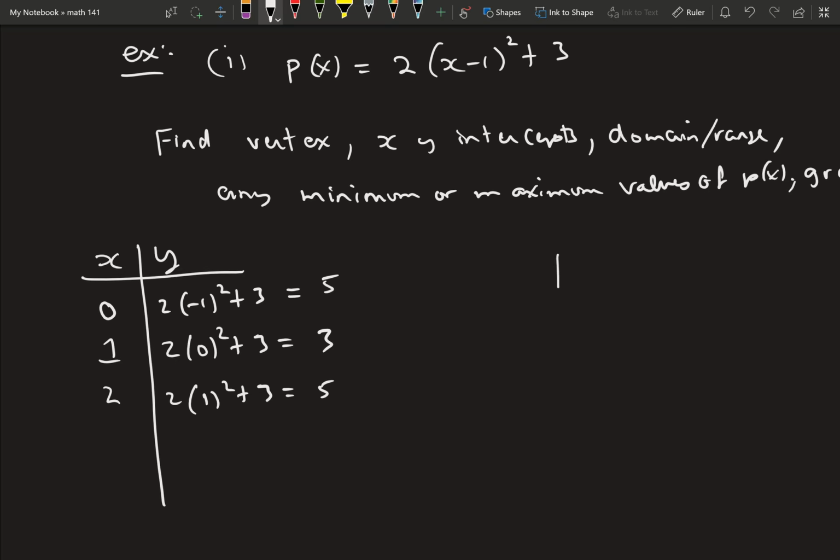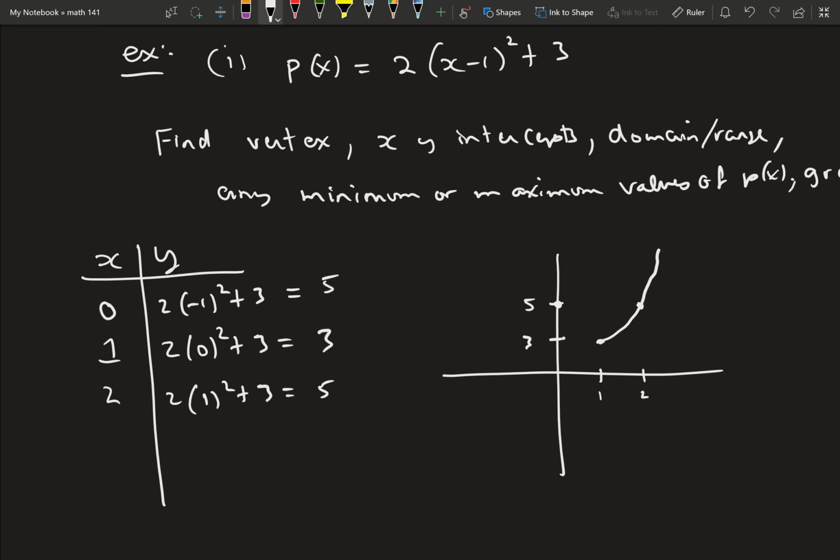And so what ends up happening is we have 0 and then 5 somewhere here, 3 somewhere here. So we have a point there. And then at 1, we have the point here at 3. And then at 2, we have the point back here at 5.